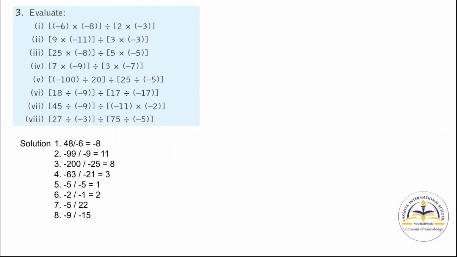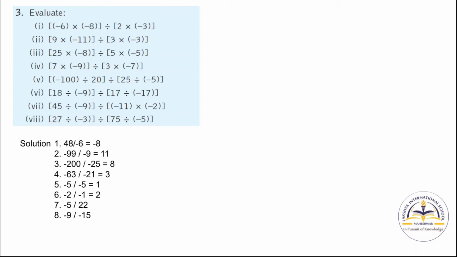Question number 3, evaluate. First, minus 6 into 8 divided by 2 into minus 3. First we will solve minus 6 into 8, the answer will be minus 48. Then 2 into minus 3, the answer will be minus 6. 48 divided by minus 6, the answer will be minus 8.